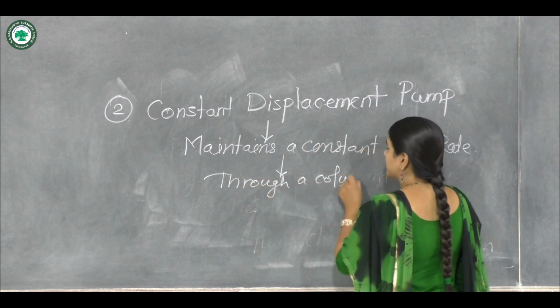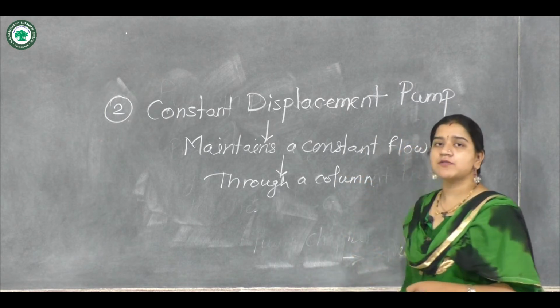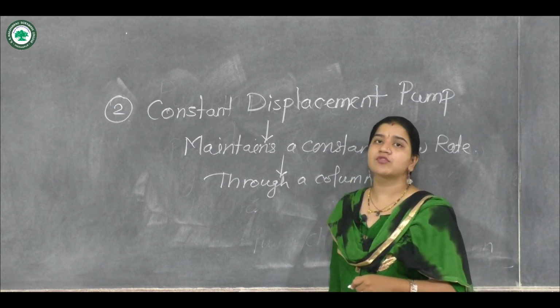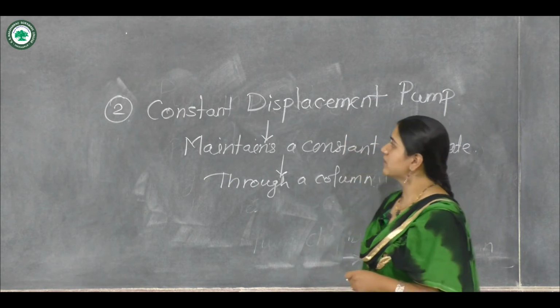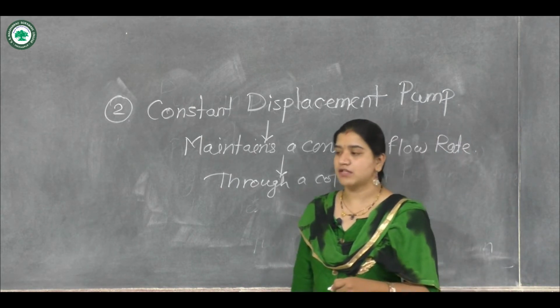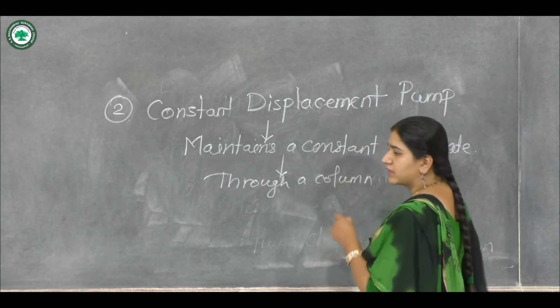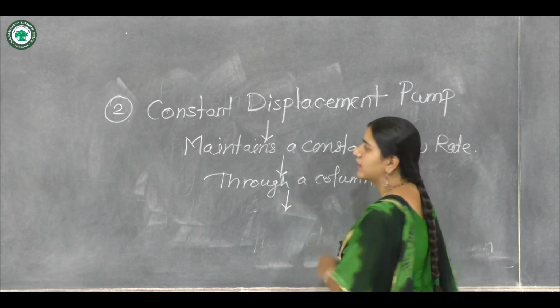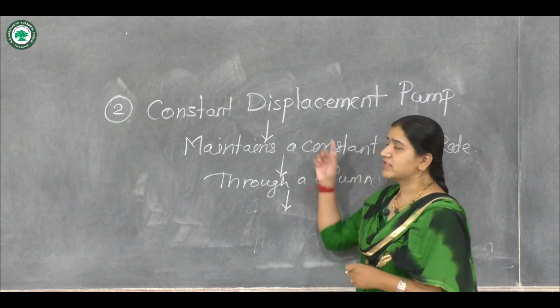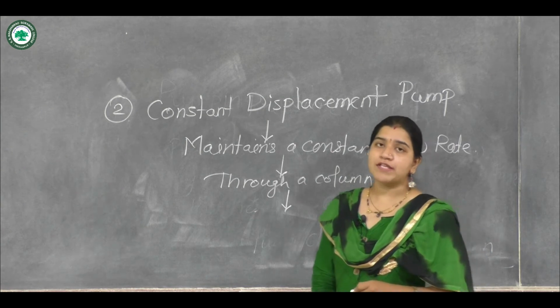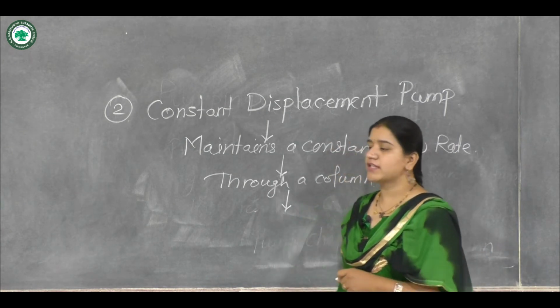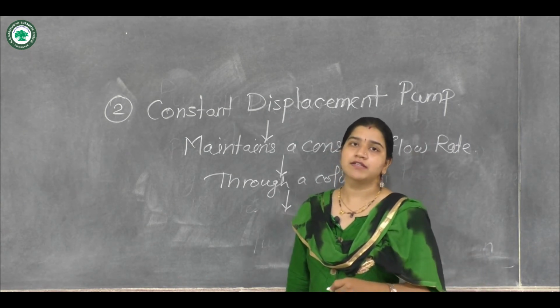That means the solvent is passing with a constant flow rate through the HPLC column whenever you are using the constant displacement pump. In this pump, a fixed volume of the solvent is forced at one time in the pump.